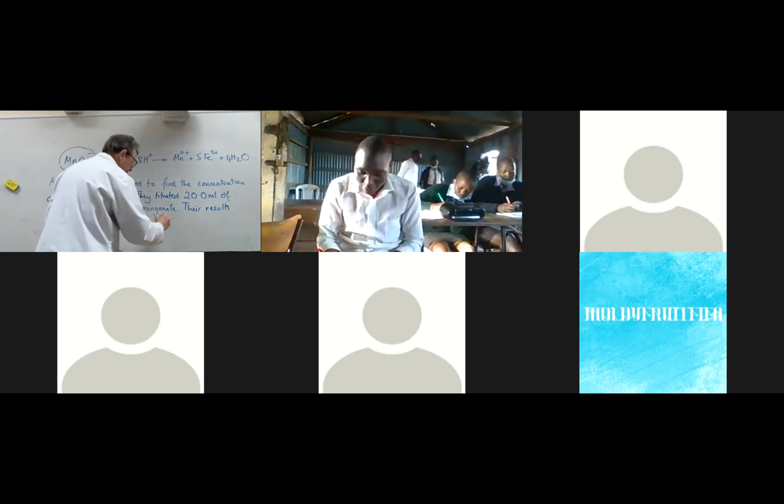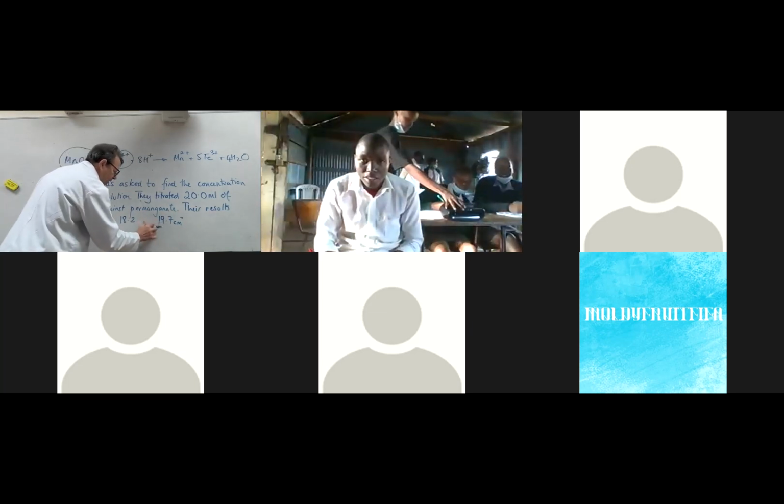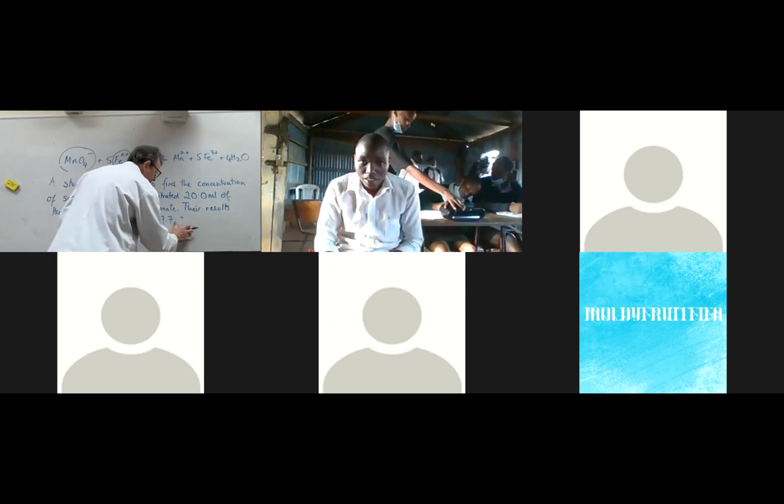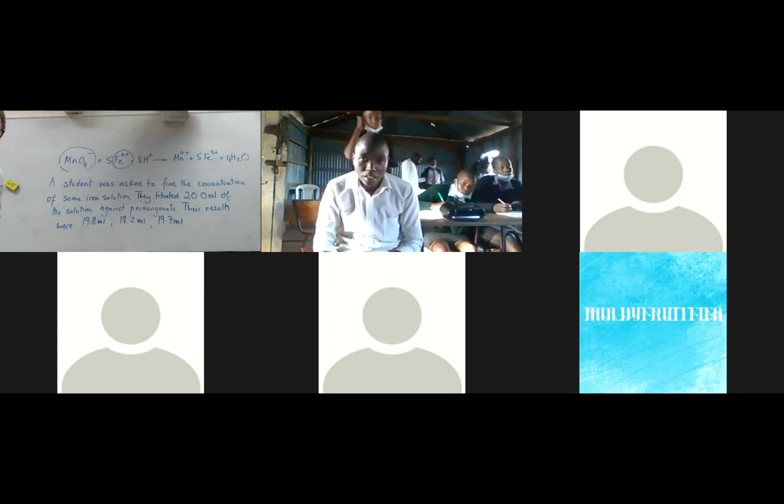Their results were 19.8 cubic centimeters, 18.2 cubic centimeters, 19.7, sorry, mL. My apologies, they're the same. mL and cubic centimeters are the same. So there are their amounts.